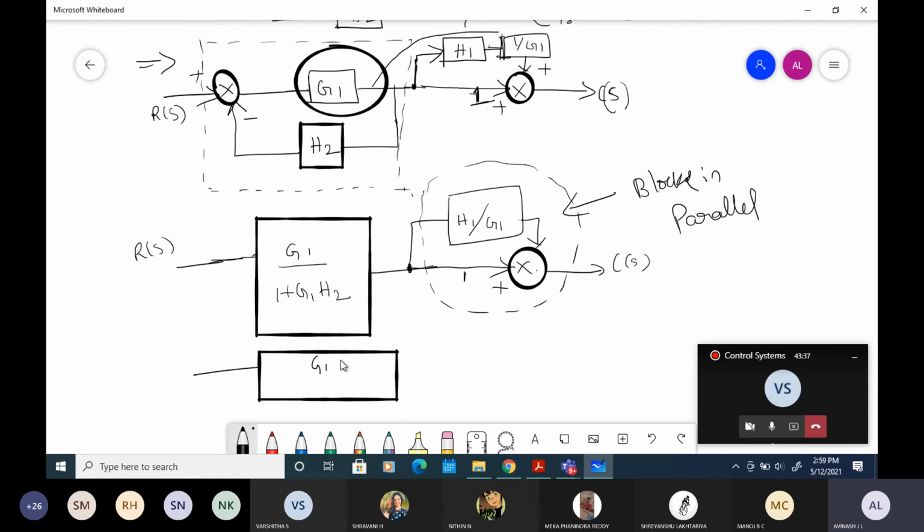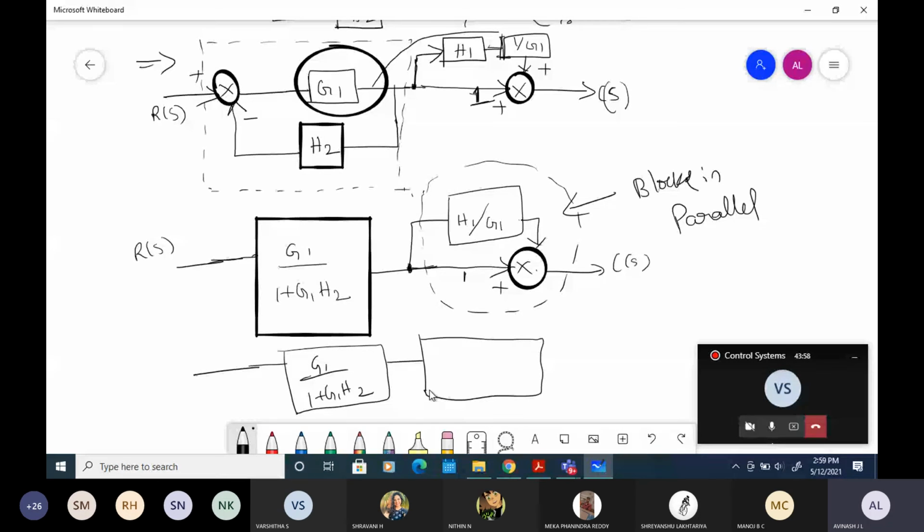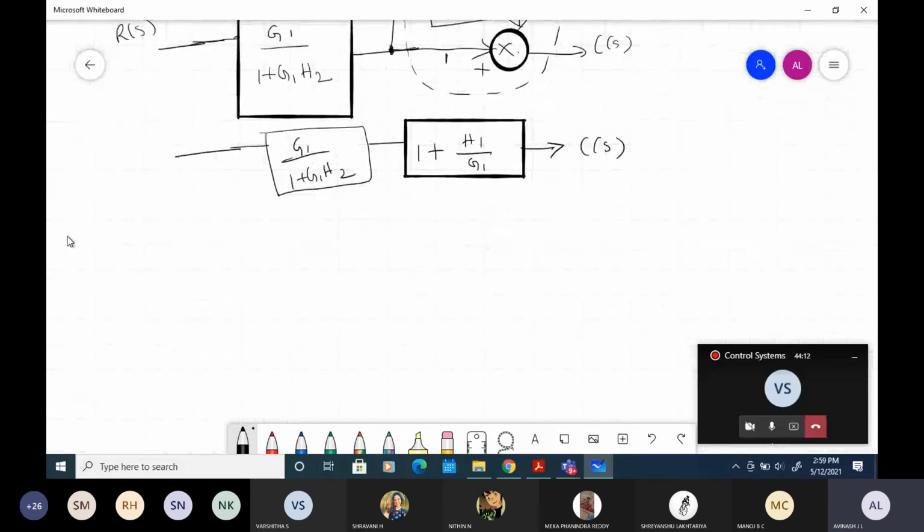This one is the same, G1 divided by 1 plus G1 H2, and here it will be, if blocks are in series, add the value, that is, 1 plus H1 divided by G1. So it will go to C of S. Now these two blocks are in series, correct?